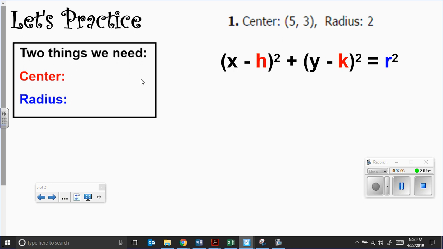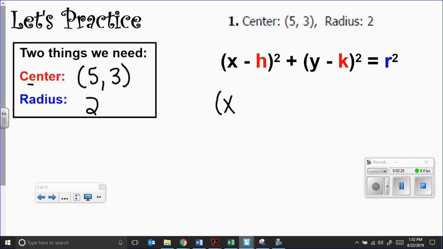Now we just need to figure out the two things we need, the center and the radius. If we have that, we can write the equation. It just so happens that this problem actually gave us the center and the radius. So here we know the center is (5, 3) and the radius is 2. Now we can just plug it in.